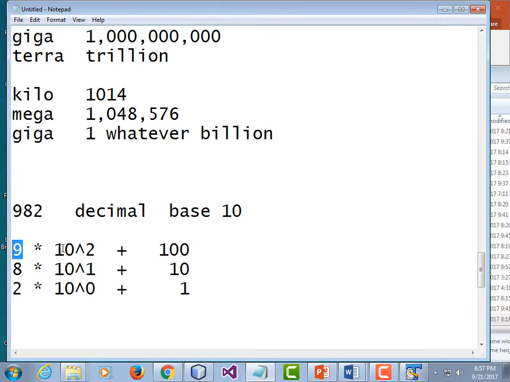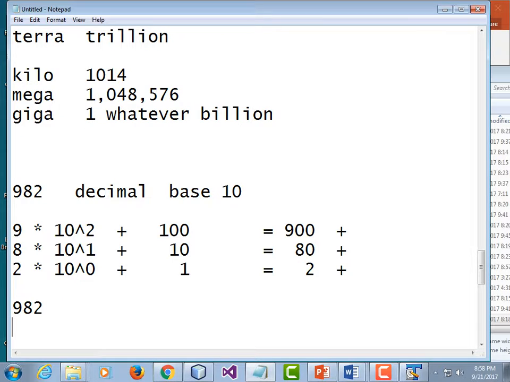So we could say that this is equal to 900, because 9 times that, plus 8 times 10 to the 1, 80, plus 2, right? And then we add those back and we get 982. All right, big deal. We converted from 982 to 982, but that's because we stayed in the same base.